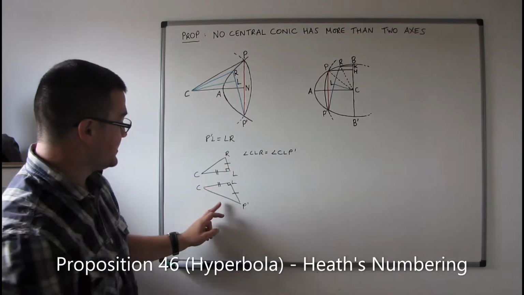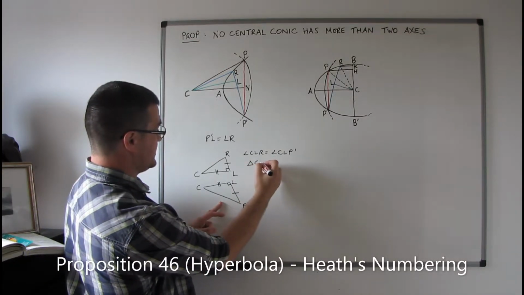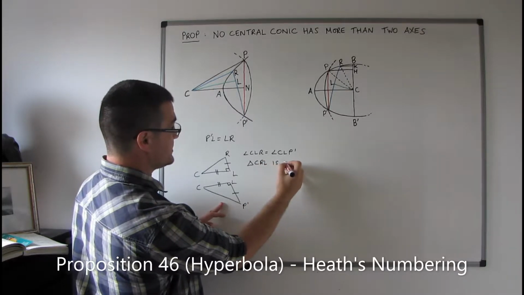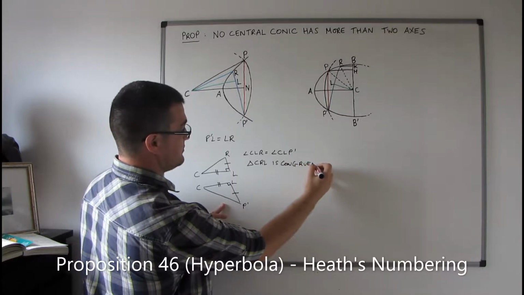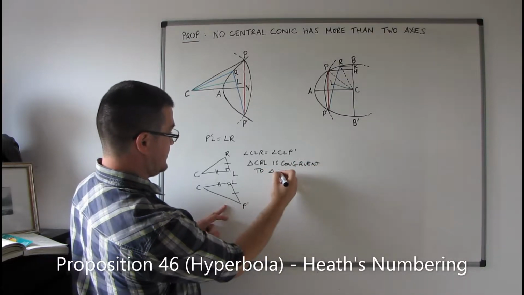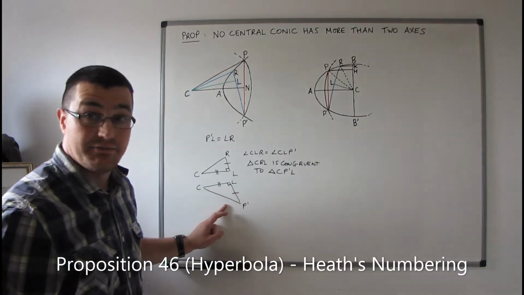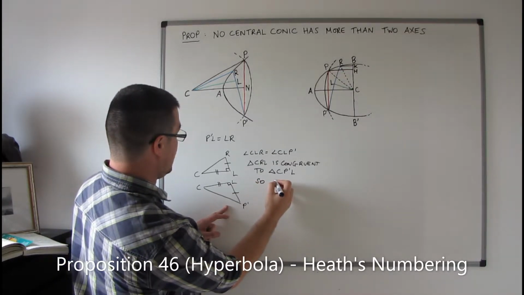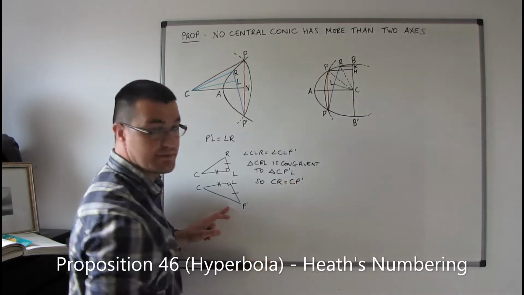That means that triangle CRL is congruent to triangle CP primed L. Therefore CR is equal to CP primed.